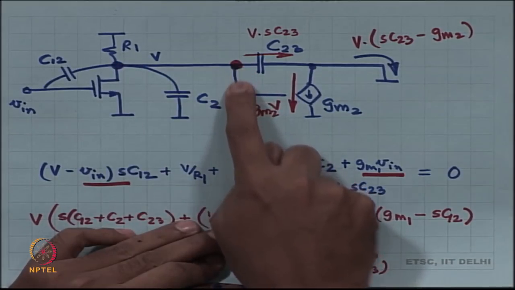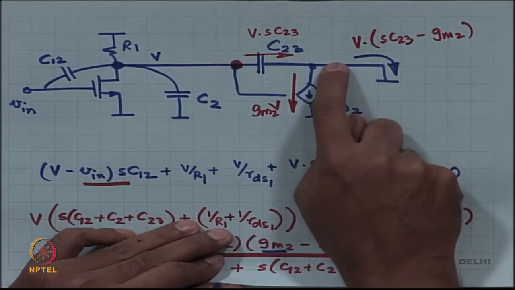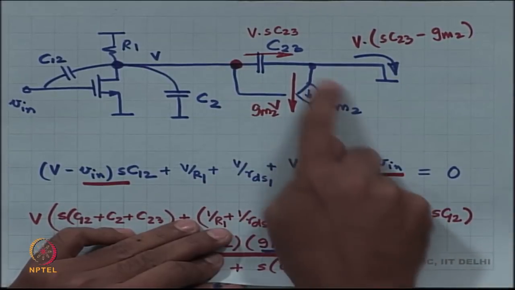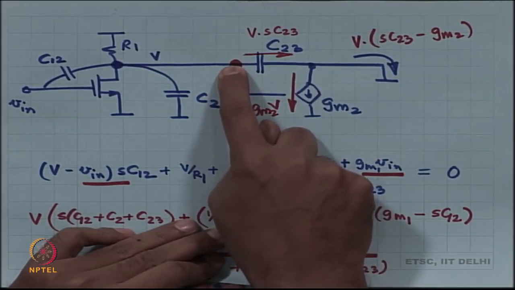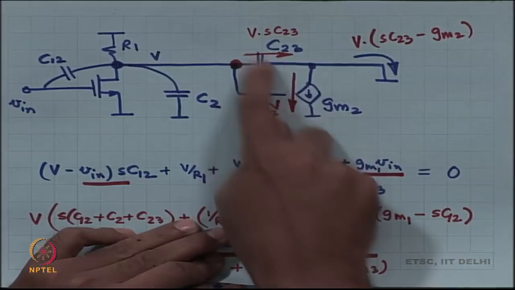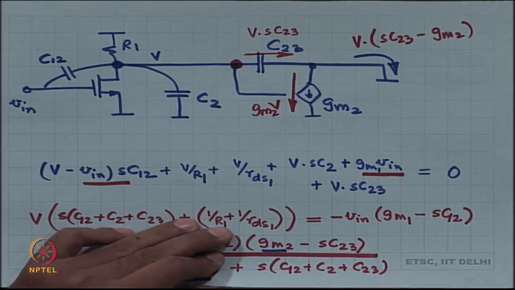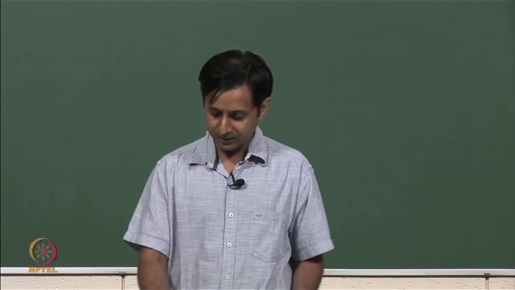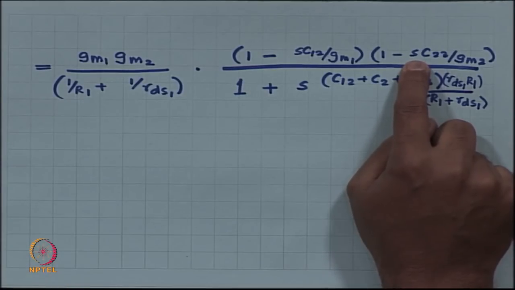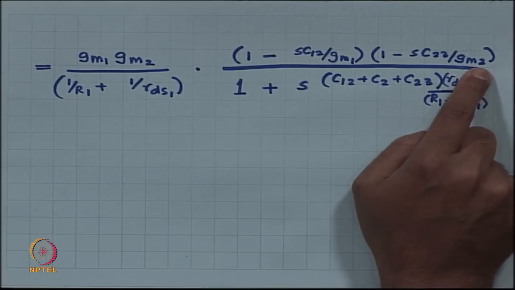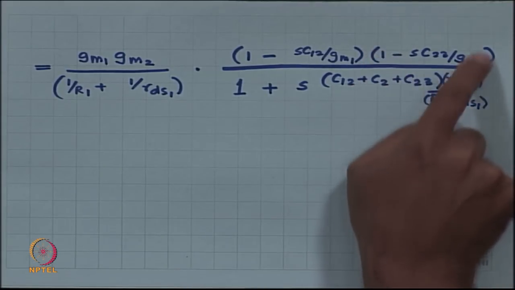Again, there is a path from V to the output through GM2, there is a path from V to the output through C23, that is what is creating the 0, the right half plane 0. So, you see there is a second term SC23 by GM2. Okay.